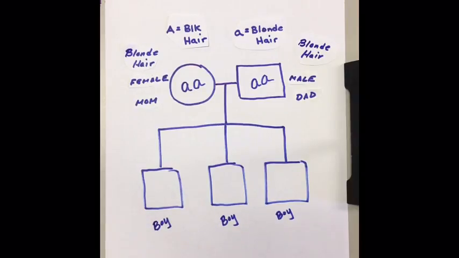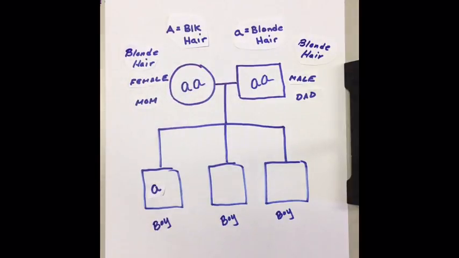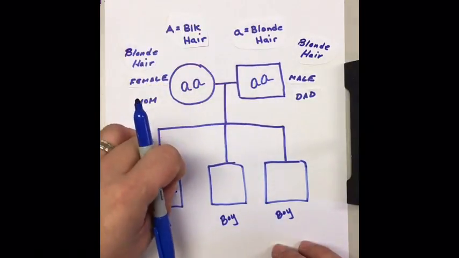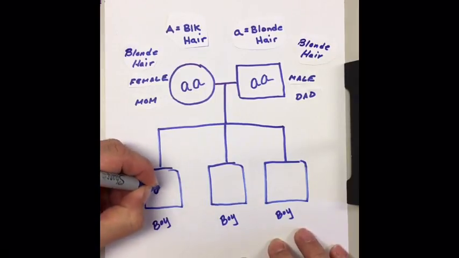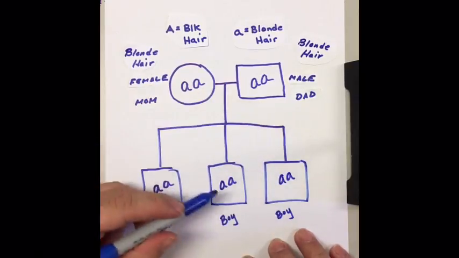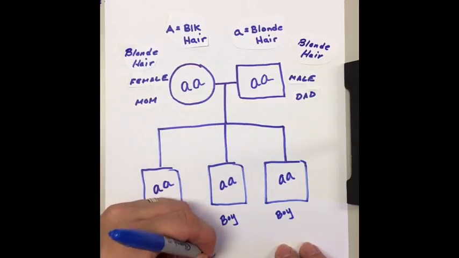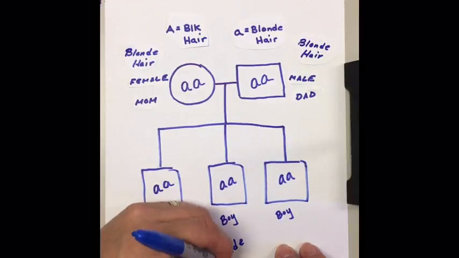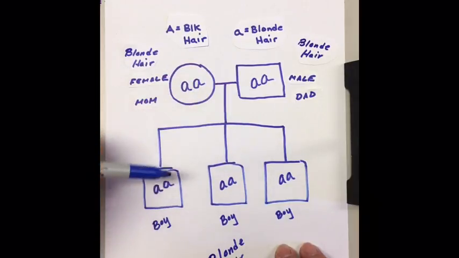Well, remember, if dad only has recessive genes to give, and mom only has recessive genes that she can give, because one gene comes from mom, one gene comes from the other, then all the kids are going to have to be also homozygous recessive. If they have 100 kids, 10 kids, 5 kids, every single kid will always have blonde hair. Why? Because the parents only have recessive genes to give.